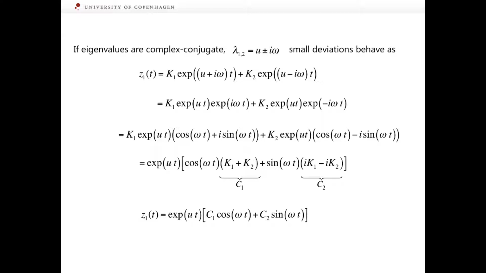And if u appears to be negative, then z1 will be decaying in time and fluctuating at the same time. By analogy, we can obtain an expression for z2, which is the second component of the deviation vector, and it will have a similar form.